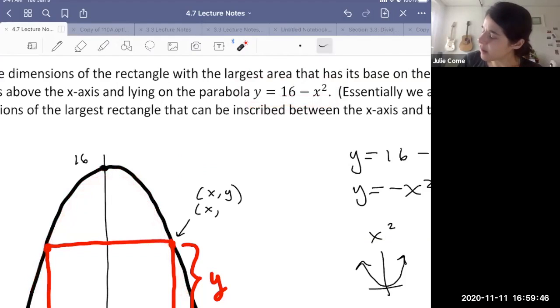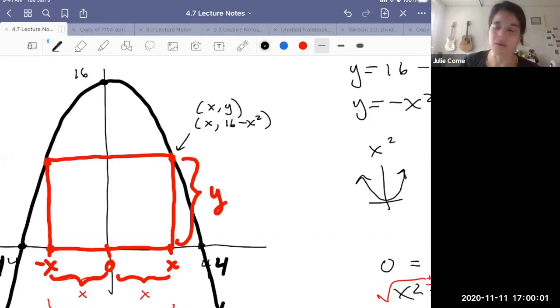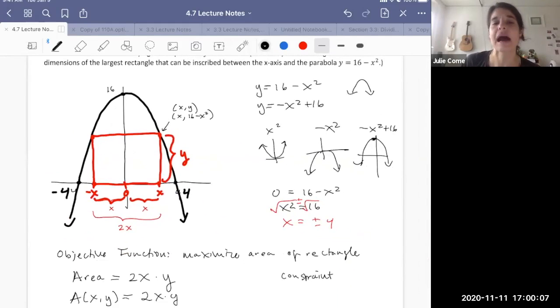So therefore, I can say that this point right here has coordinates x comma y, but I can replace y with the fact that y is always equal to 16 minus x squared on this parabola. That's always going to be true about y. That's the definition of this graph.